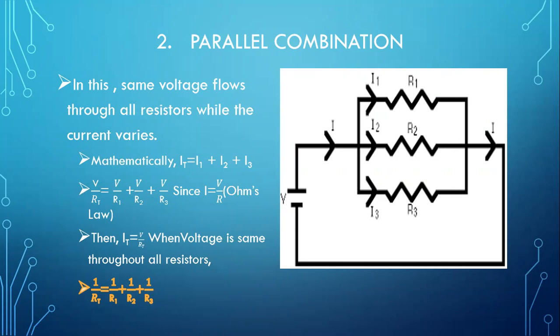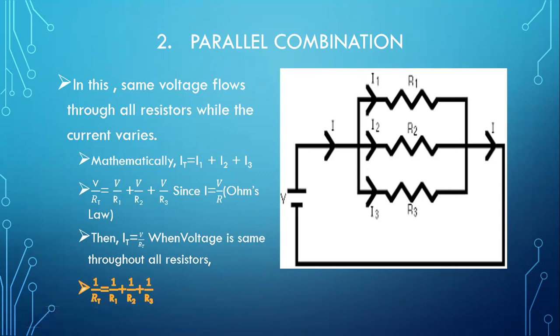It's just the reverse of the series combination whereby the current was the same, but the voltage was different. So mathematically, to obtain the total current, we go I1 plus I2 plus I3. It means you're collecting the current flowing in resistor 1, resistor 2, and resistor 3.